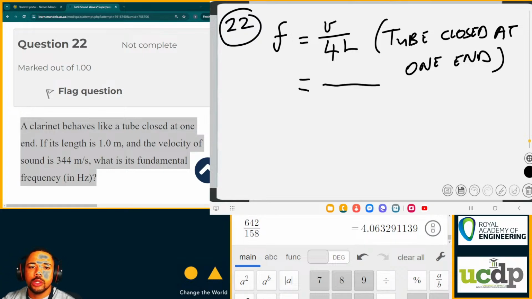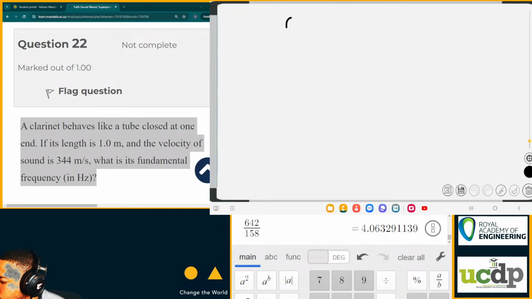Now, the velocity of sound has been given to us as 344 meters per second. I think I can erase this part here. The fundamental frequency is equal to the speed of sound in the air inside a tube divided by 4 times the length.